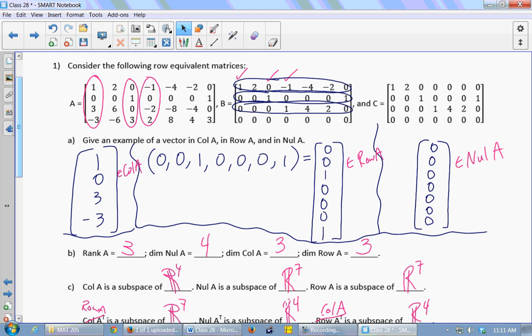But when you do row operations on a matrix, you're just taking linear combinations of the rows, and the row space is the set of all linear combinations of the rows. So it turns out that the row space of any two equivalent matrices is the same. Not the same for the column space.